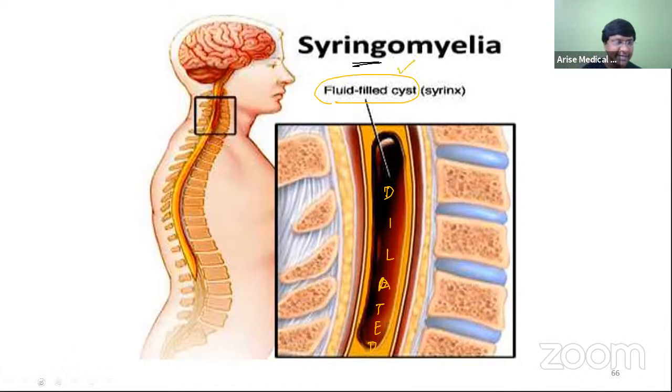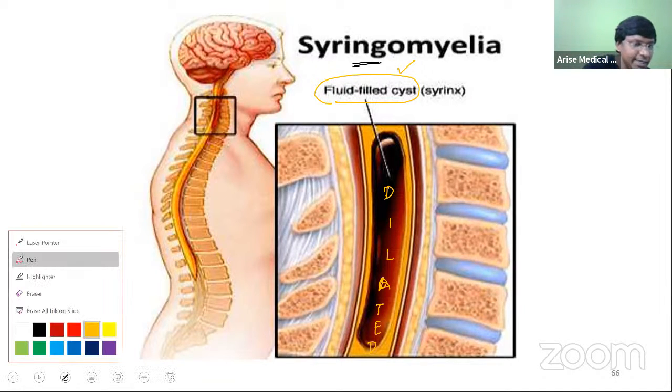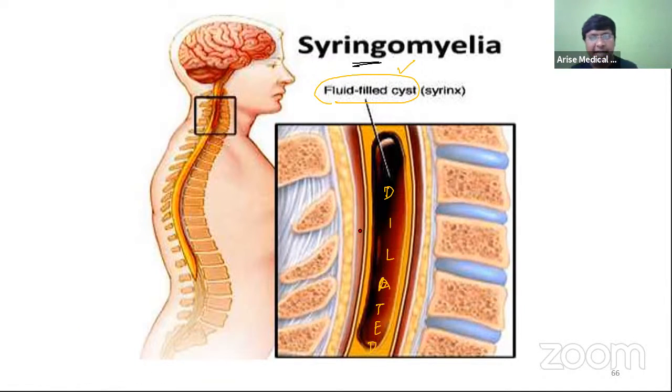Now let me show you the cut section of this particular spinal cord with a fluid filled cyst.